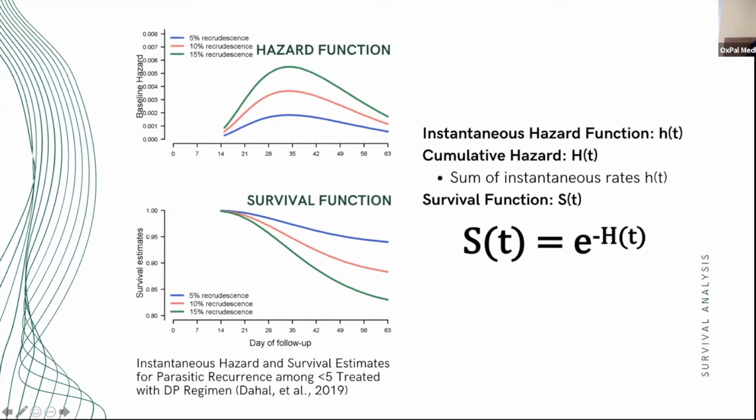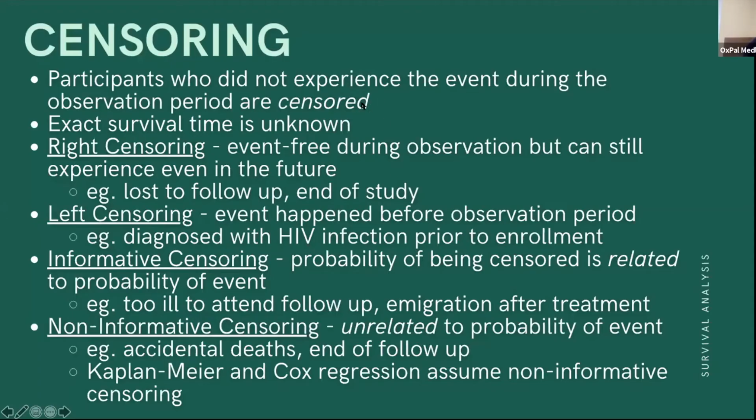Any questions so far? The next concept that I want us to understand is censoring. Participants who did not experience the event during the observation period are said to be censored.